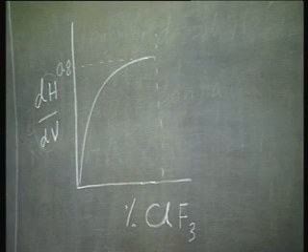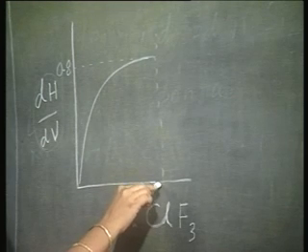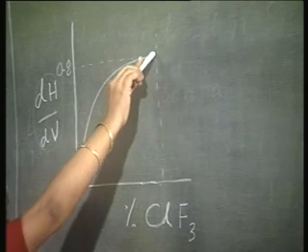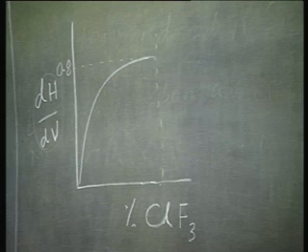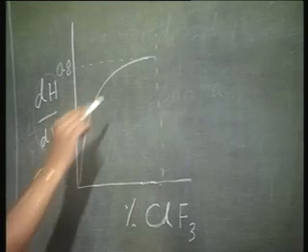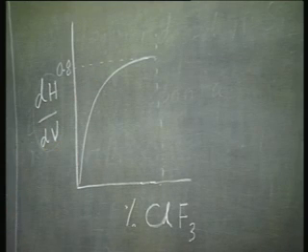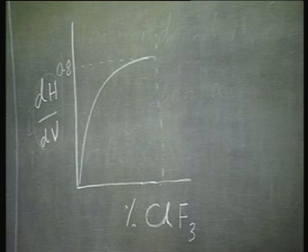When I have the feed gas composition mostly ClF3, nearly 100% ClF3, I have an almost isotropic etch profile. As the percentage of ClF3 is slowly decreased, it falls, right.